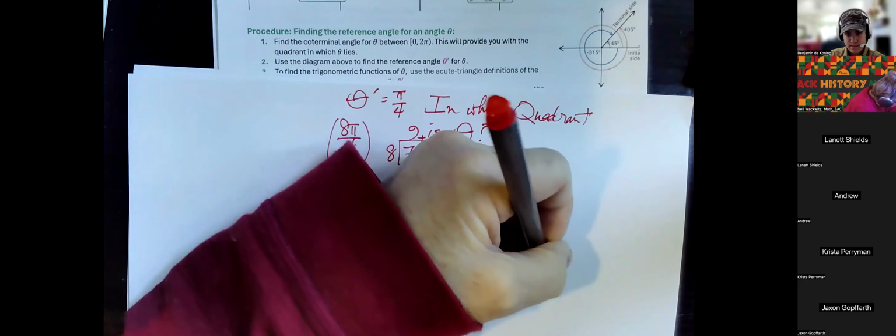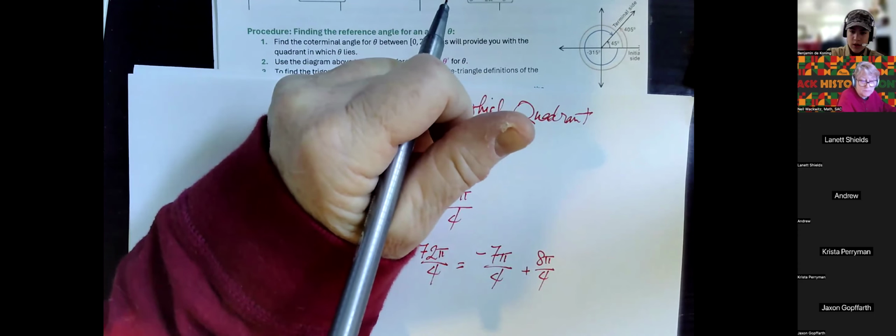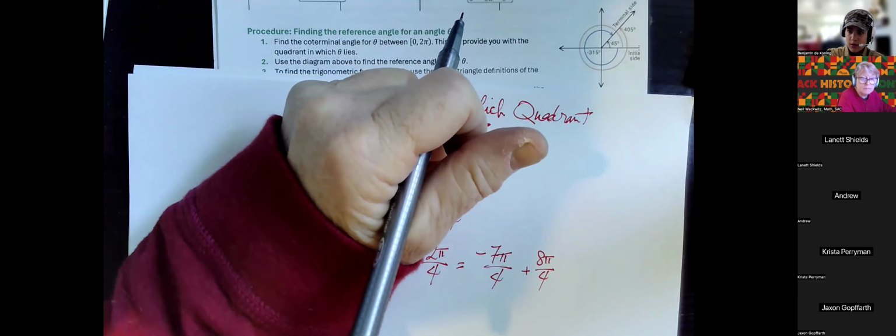Excellent. To get a value between 0 and 8 pi over 4, we just need to add one more time. Why are we adding 8 pi over 4 rather than 2 pi? Because 8 pi over 4 has the same denominator. Yes, exactly right. We know that 2 pi is the same as 2 pi over 1.